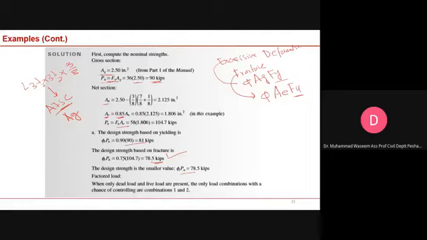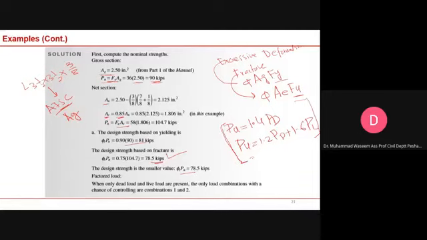So whenever we talk about this, we have to compare this capacity with the ultimate load demand. What is the demand? We have two types of combinations. Pu is 1.2 P dead plus 1.6 P live. Okay, so you have to use the maximum out of these two, based on the nature of the loads which are present in your structure.